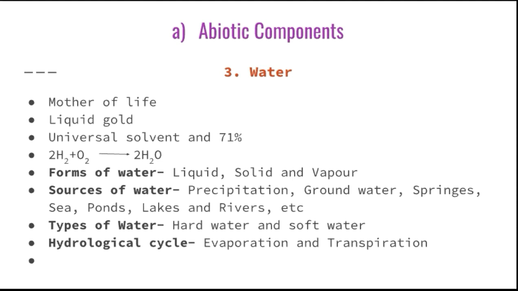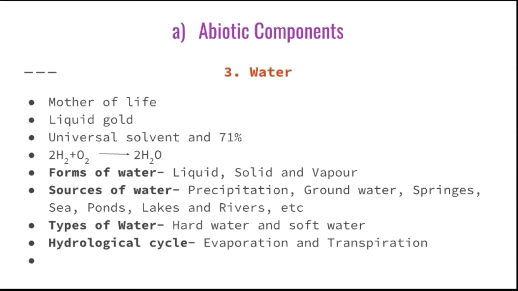Next point, the sources of water. How many sources of water have we seen in our land? The main sources of water are precipitation, groundwater, springs, sea, ponds, lakes, rivers, etc. All forms of water falling on the earth from the atmosphere is called precipitation.